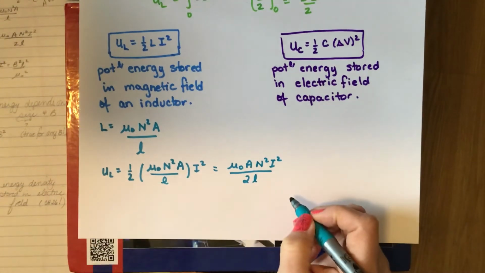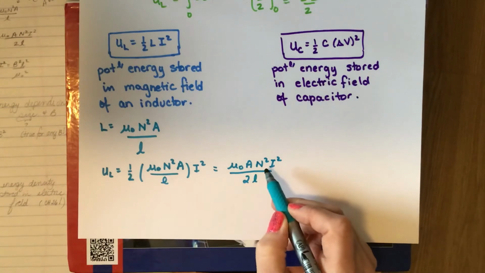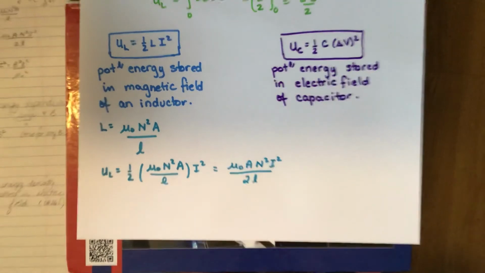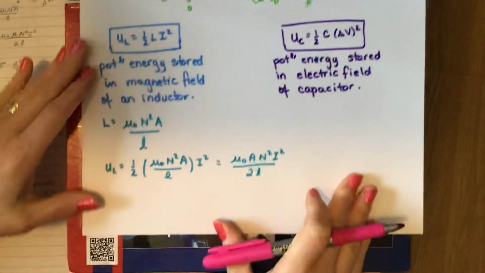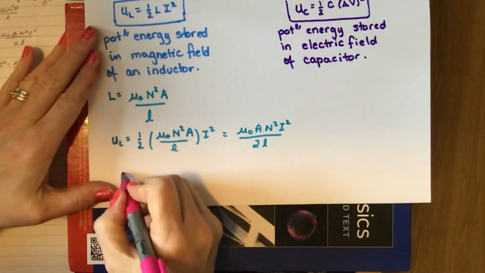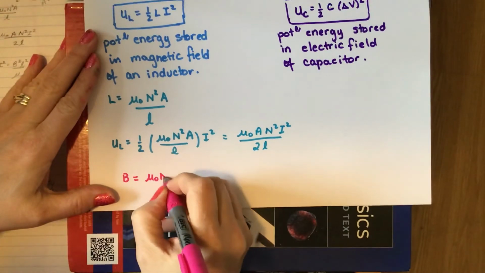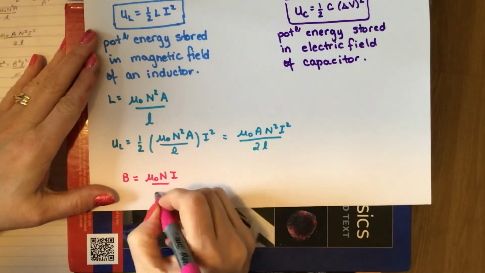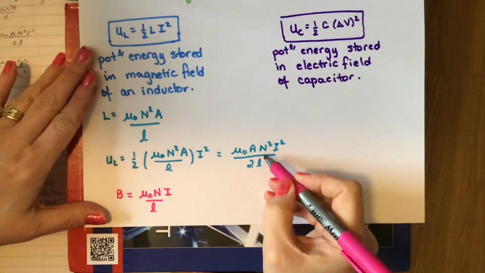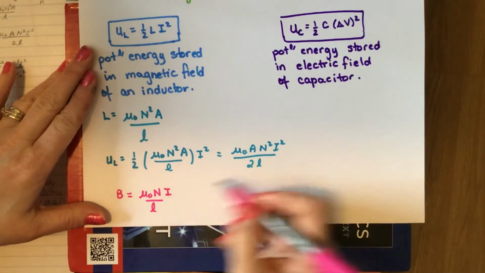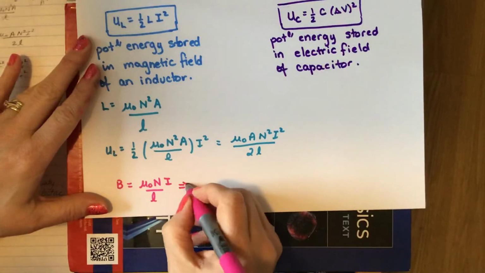Kind of wrote it like this on purpose because I was thinking about what is the magnetic field in a solenoid. So you may or may not remember that the magnetic field of a solenoid is mu naught times n times I divided by L. So here I have n squared times I squared. I'm going to solve this for n squared times I squared and stick it in here.